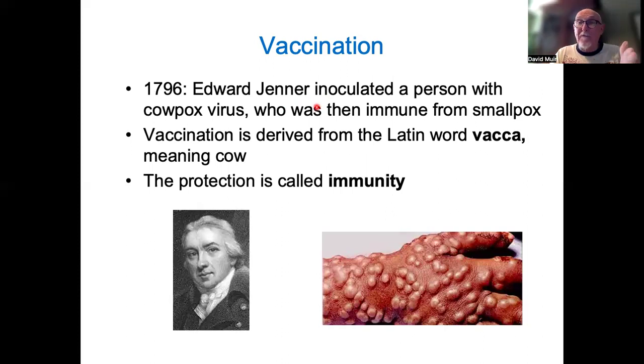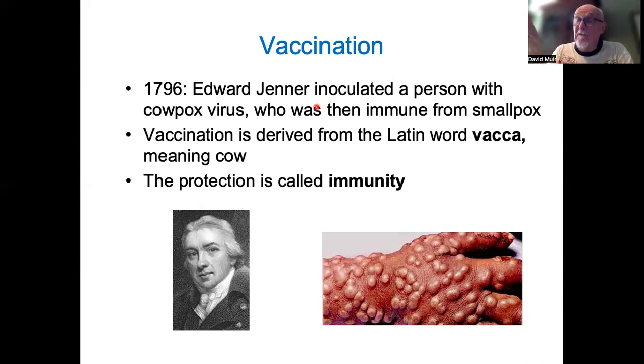And the infectious agent was transferred from the cow to humans. The milkmaids didn't really get ill, but they never got smallpox. The reason for that is that the cowpox virus is very similar to smallpox. It's so similar that our immune systems recognize it.